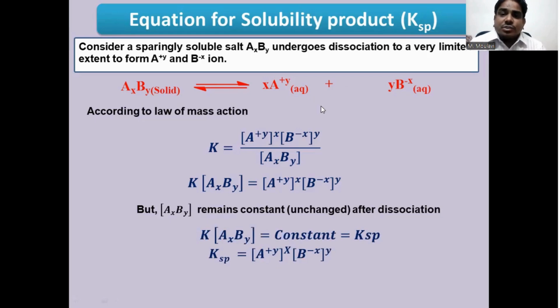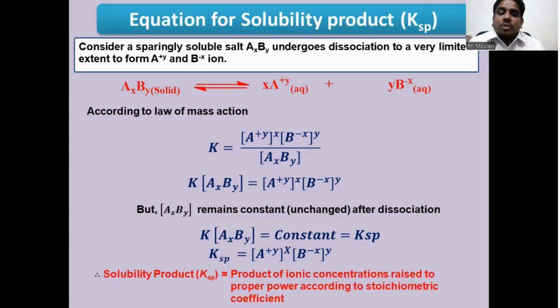So here we understood what the solubility product is. The solubility product is the product of ionic concentrations raised to the proper power according to the stoichiometric coefficient. This is the multiplication of the ionic concentrations that is known as the solubility product, and this solubility product is constant at constant temperature.